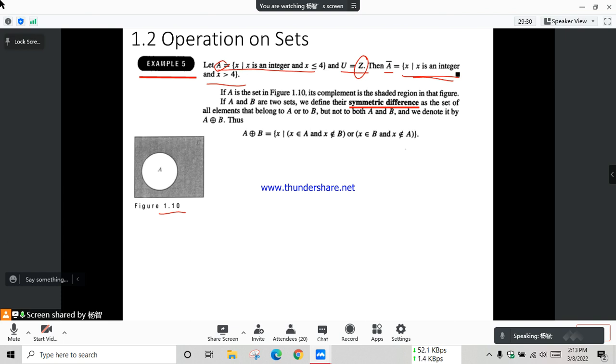If A and B are two sets, we define their symmetric difference. This is another operation, and it works on two sets. It is the set of all elements that belong to A or B, but not both A and B. We denote it using a symbol like the symbol for union, but with a circle.